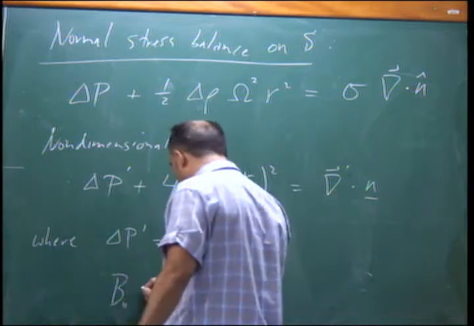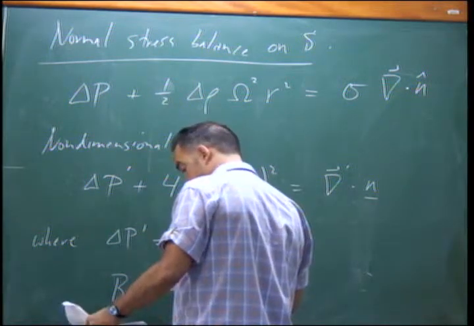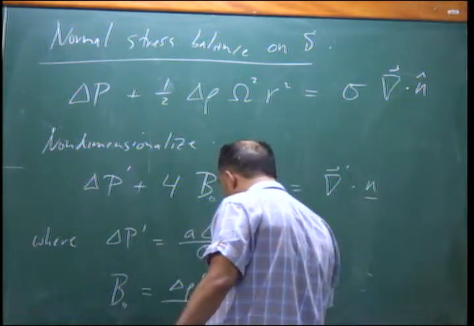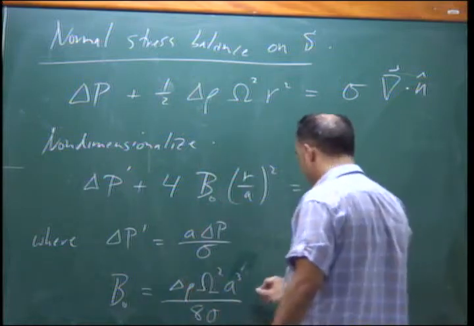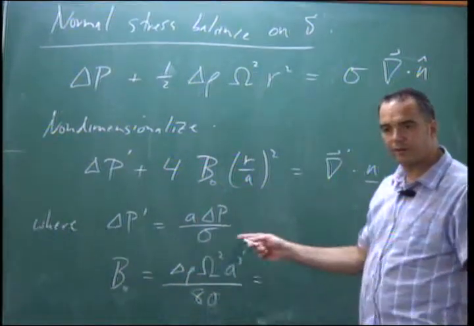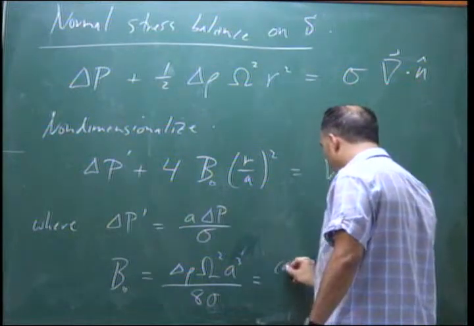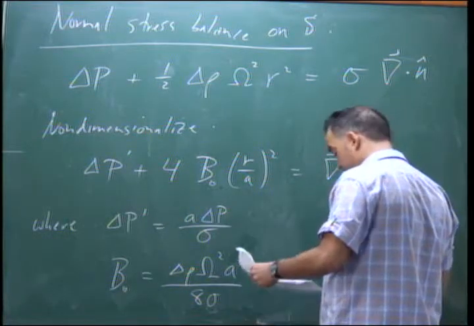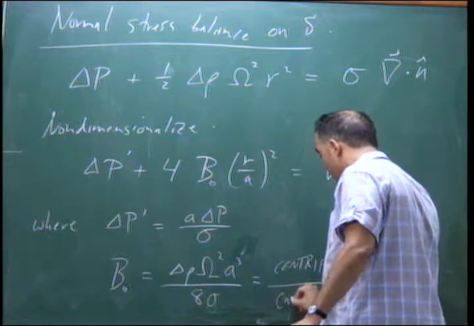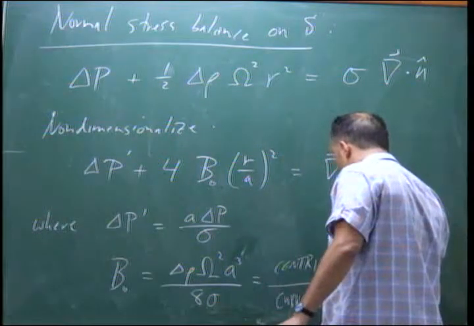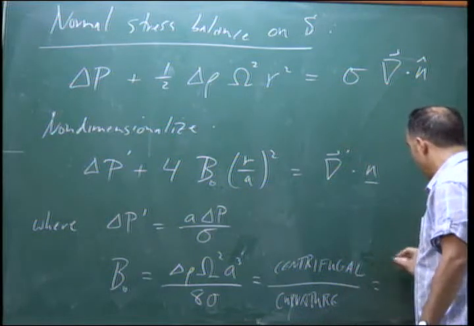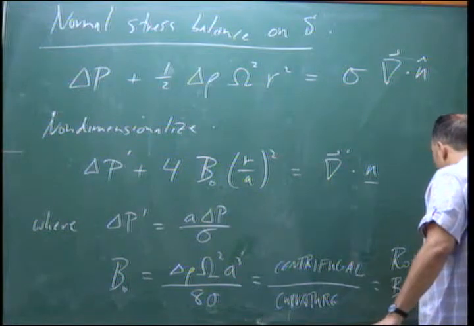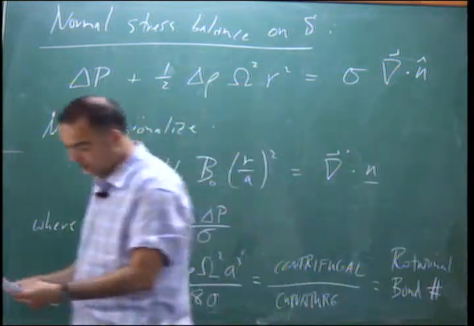This is going to be a rotational bond number. So this is a measure of the characteristic centripetal centrifugal force to curvature. Okay, so that's the rotational bond number.